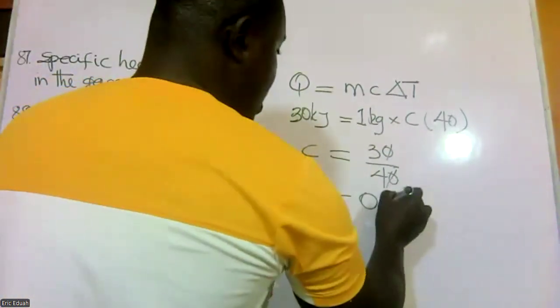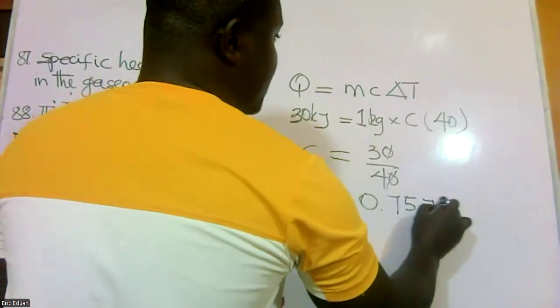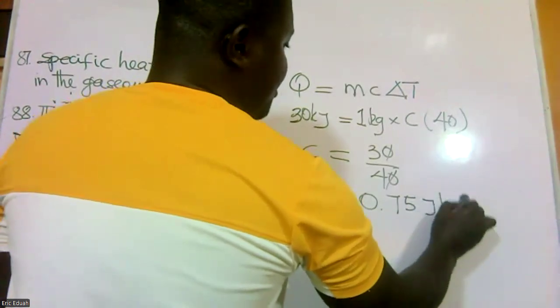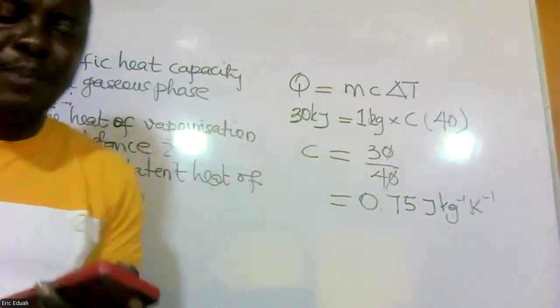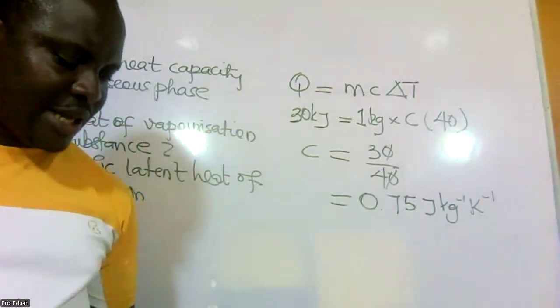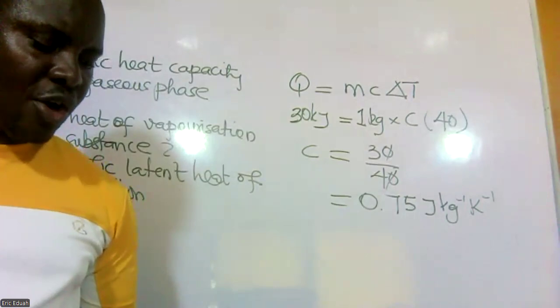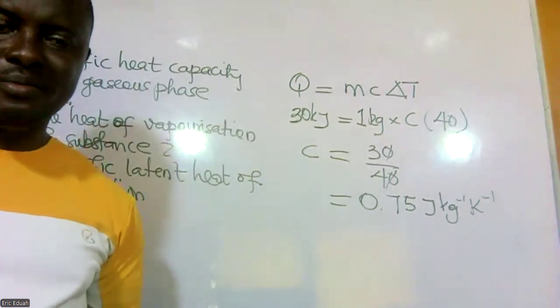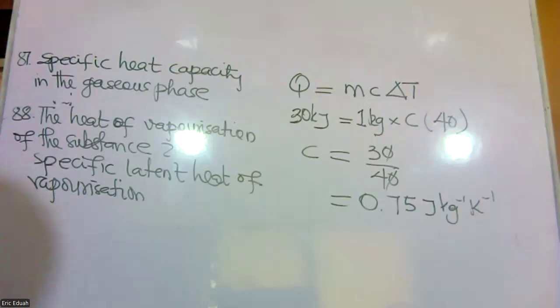So 0.75 joules per kilogram per Kelvin. So that's the specific heat capacity of the substance in the gaseous phase. The answer is option 1. Mamiya, Elizabeth, Julian, you said that, please, I thought we were finding the specific heat of vaporization of the substance.